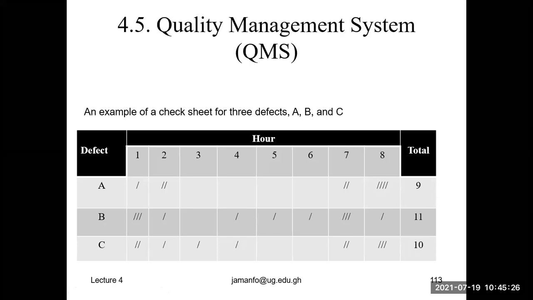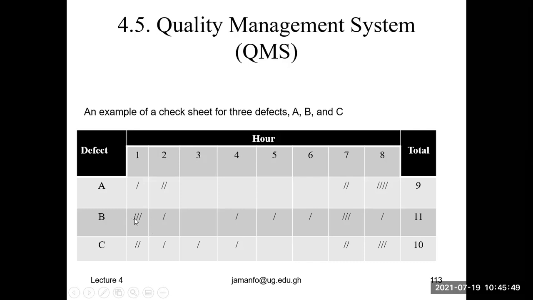So we are producing, like, mobile phones. We produce the first one, and in the first one there is a problem with the glass. It didn't fit well. Within that same first hour, there were 3 of the mobile phones that we produced with a problem with the power.